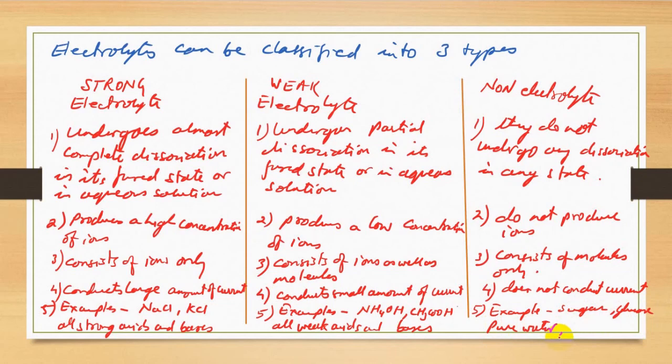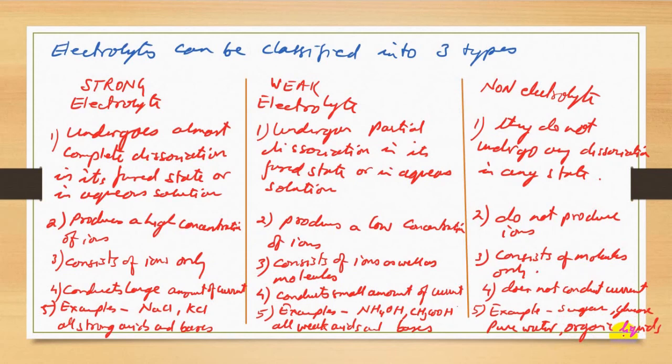And any non-polar liquid does not conduct, like alcohol, ether, benzene, carbon disulfide. Kerosene oil and petrol also don't conduct. So they all are non-electrolytes. Organic liquids, you can say. So this is the difference between strong, weak and non-electrolytes.